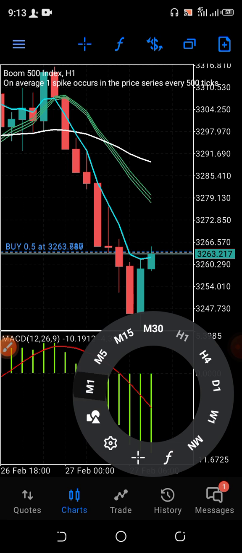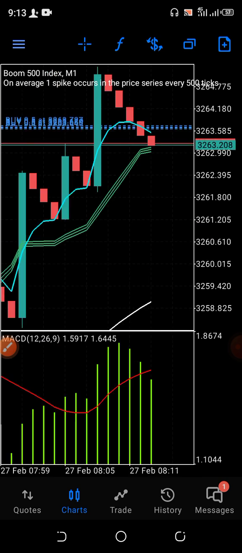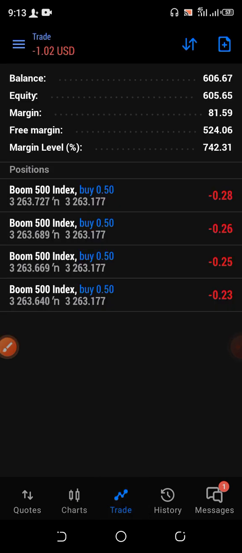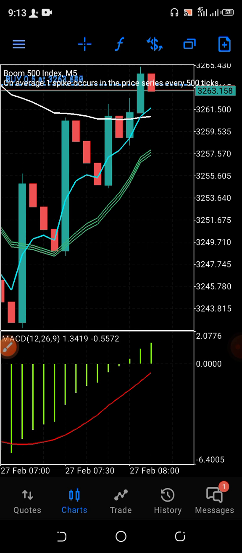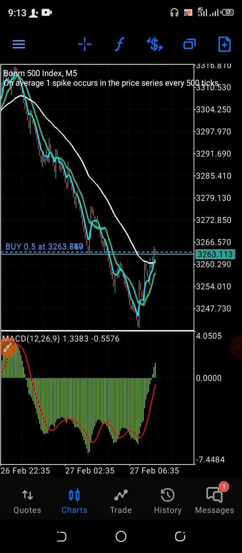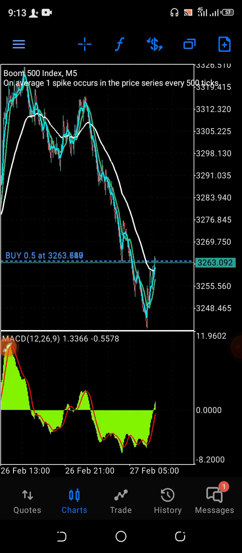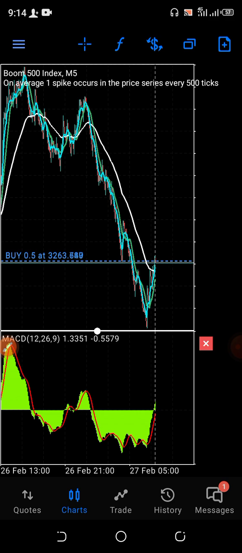All right, so let me show you how this thing is going to work. I just placed a trade. The best zoom level to use on this, number one, is you have to zoom out completely like this.